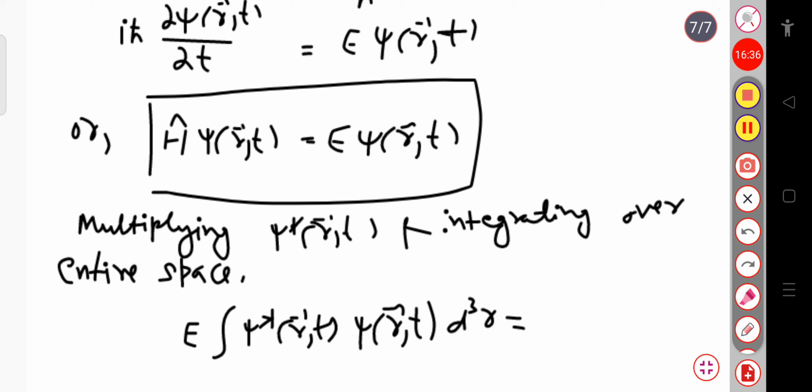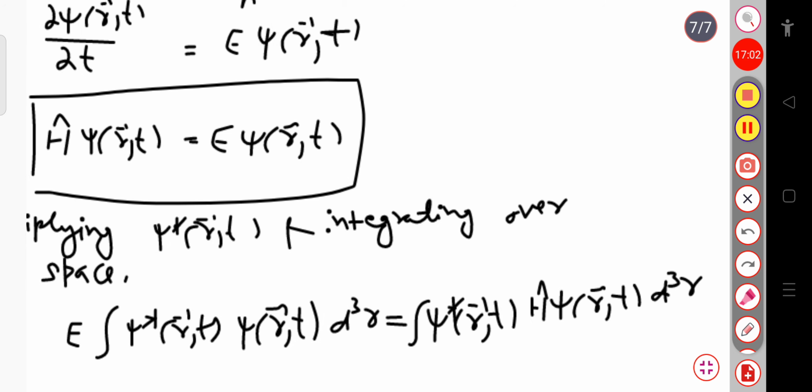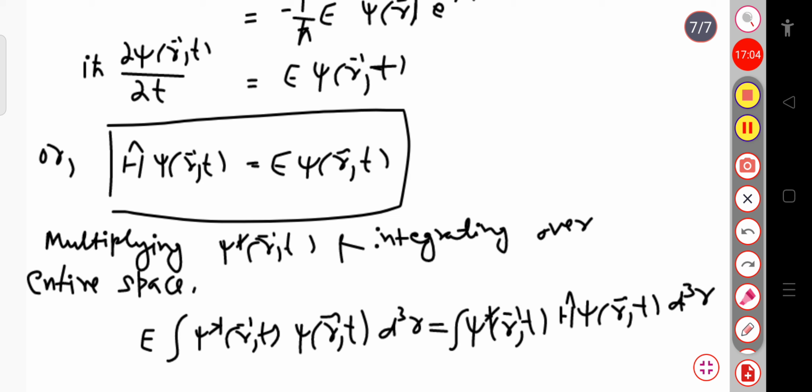Let me write first the left hand side term. So here we have simply multiplied by ψ*(r,t) and integrated over the entire space. Now E is a constant.